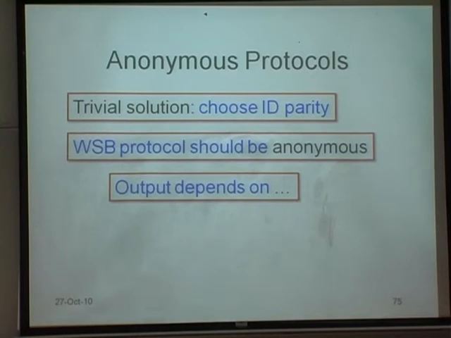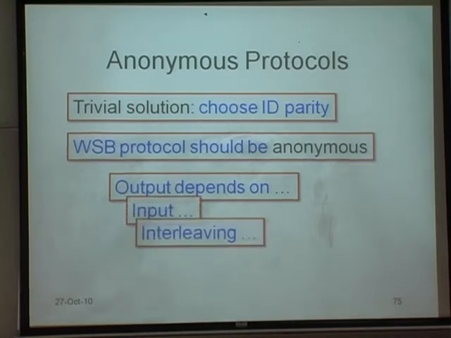So what we'll say is we want this to be anonymous, and the output depends on your input value, and it depends on the interleaving, of course, but not your ID. In other words, if I take an interleaving and I change all the IDs, then the outputs remain the same. So this is a technical requirement that we need in order to avoid model abuse like that.